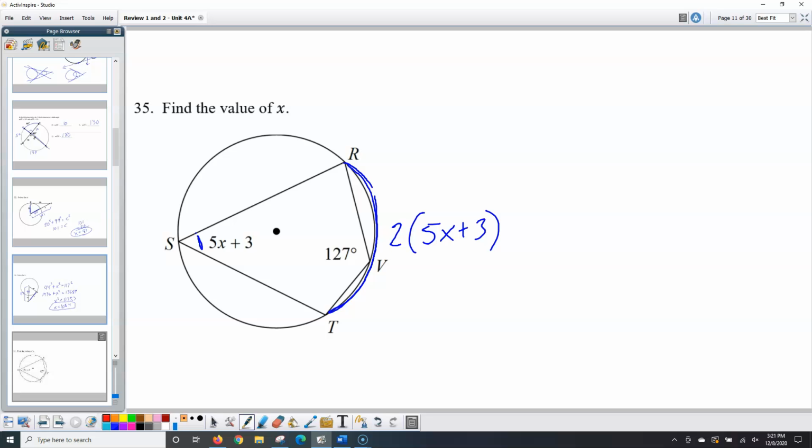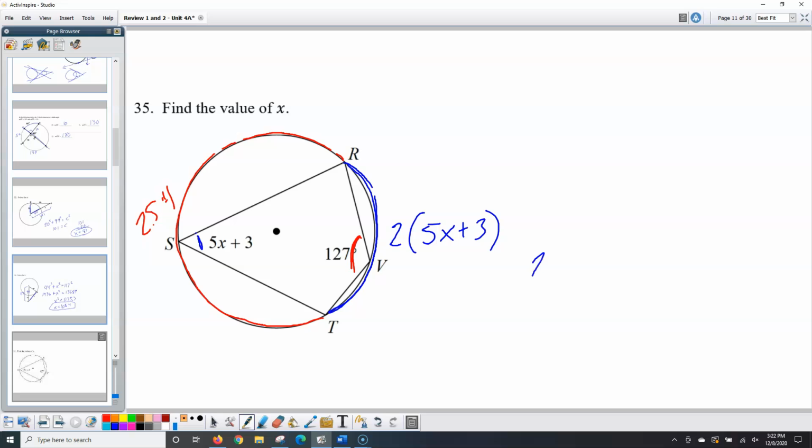And this 127 right here opens up to all of this, so I can multiply it by 2 and get 254. So I have my whole circle now. That's all going to add to give me 360.